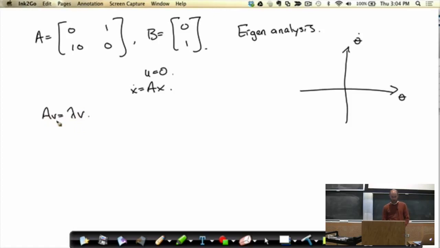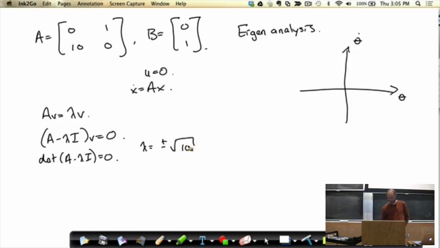The eigenvalues are the ones where if I multiply A times the vector, I get a scalar times the vector back out. I'll take the determinant of that, and I'll find that the eigenvalues are plus or minus square root of 10.